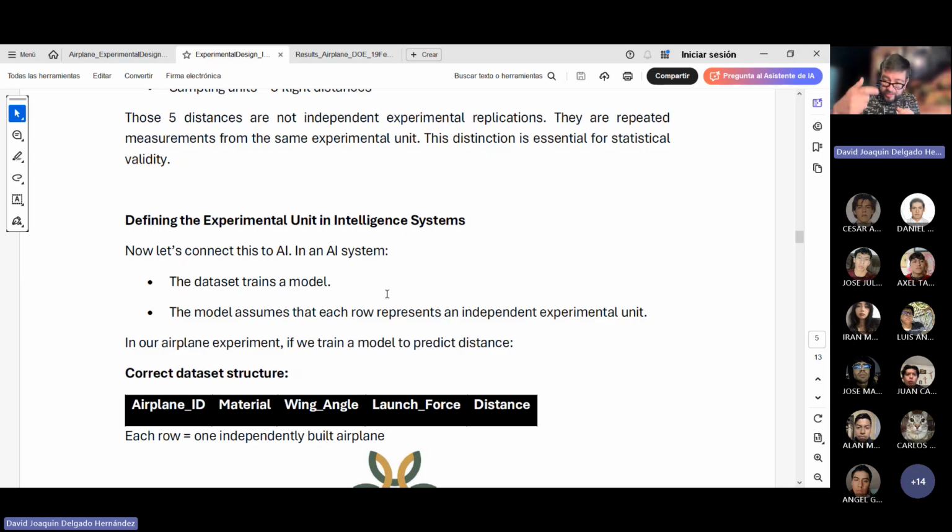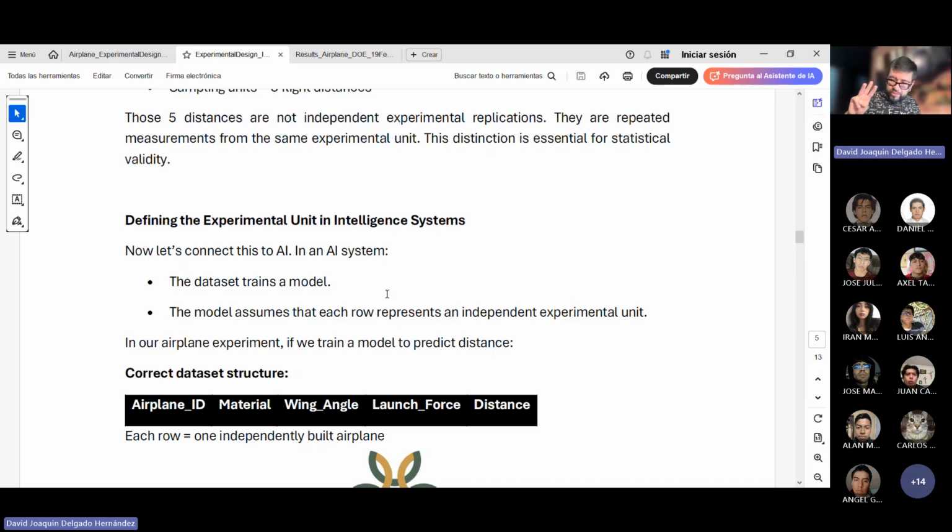So if I train it, if I provide more information, that means if I throw the same airplane one more time and one more time and one more time, this model will learn more information about the behavior of this airplane. So if I feed all this new information, my model will become a better model because it is having more information to predict the distance, okay? So this is very important in intelligent systems.